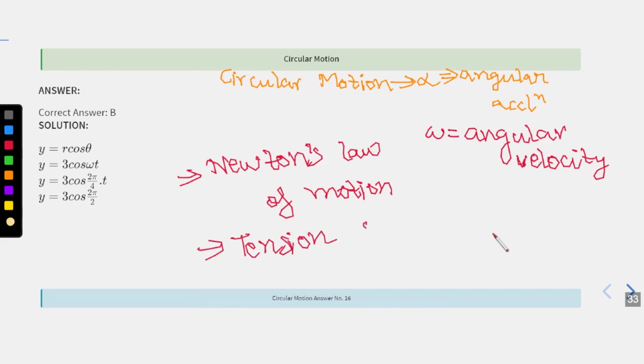Then we had a few tension questions wherein the string was whirled, and then we had to calculate the velocity or tangential acceleration or any such thing. And there were questions wherein we used conservation of angular momentum.